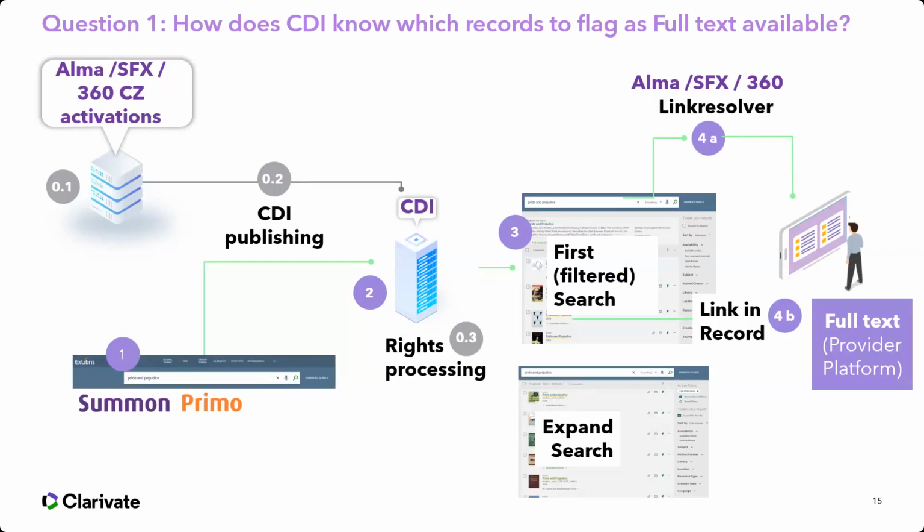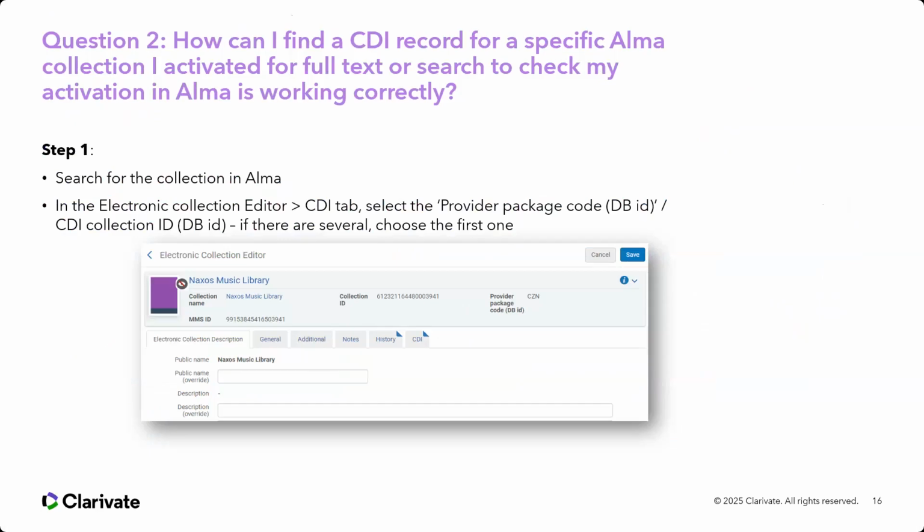So this is a complete picture of what happens behind the scenes. This is why it's important to do the activations, make sure that the publishing is set up so that CDI can process the information and make sure that when the user types in something in the search box that everything is in place to do the calculation. All right, so this was the first question.